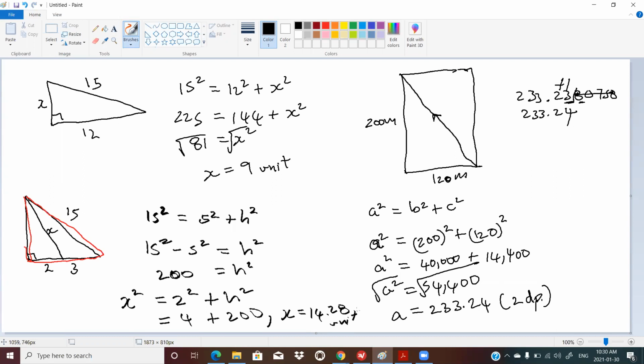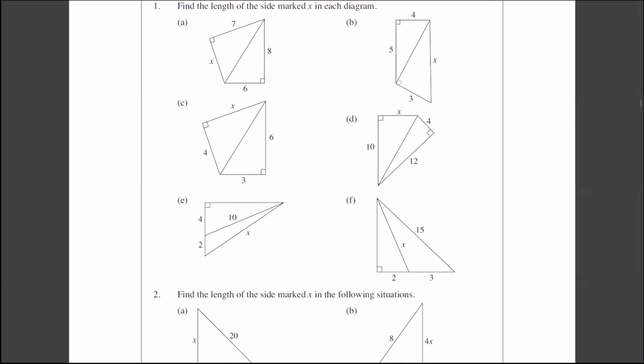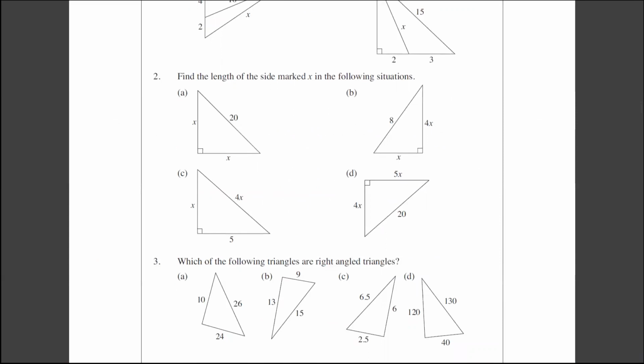All right, let us go back. Okay, so they didn't have any unit on it. If we go down now, we see some other questions where they have an x involved, say 8, 4x and x on the shorter sides.